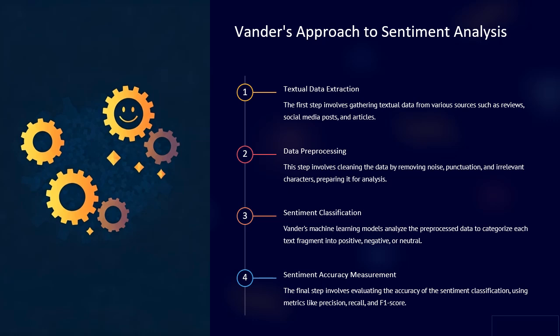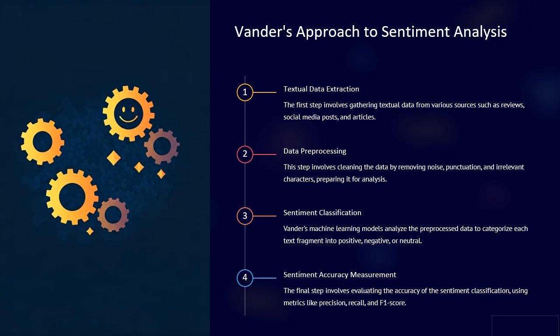For example, positive words like excellent, fantastic, or love can suggest a positive sentiment, while negative words like terrible, hate, or disappointment might indicate a negative one. By identifying these patterns, the model can classify the text based on the sentiment expressed. The classification step is essential as it provides insight into the emotions and opinions that people have shared.